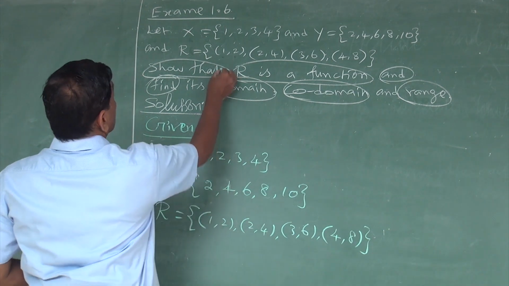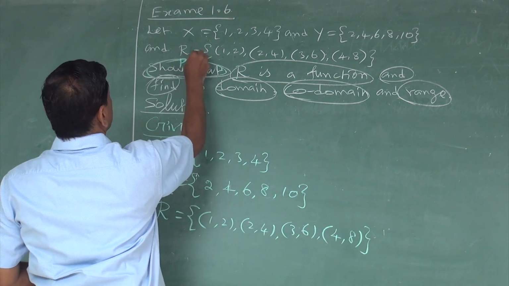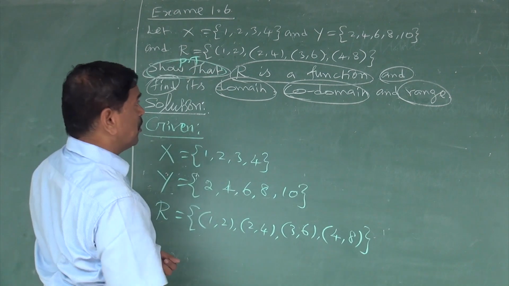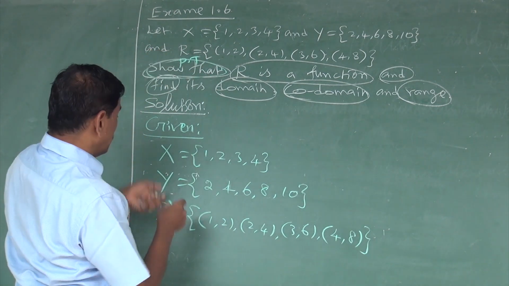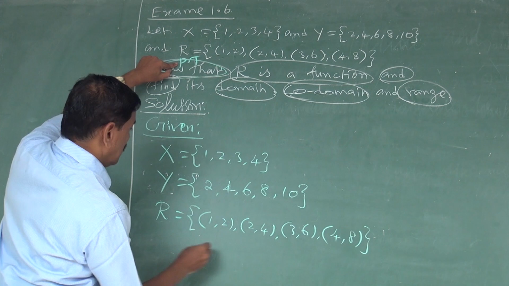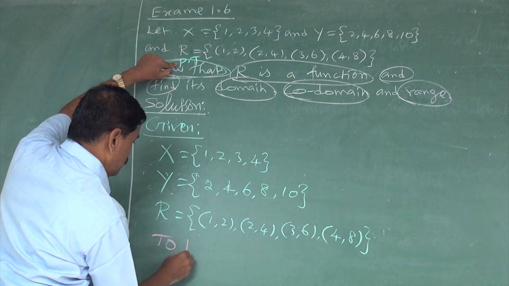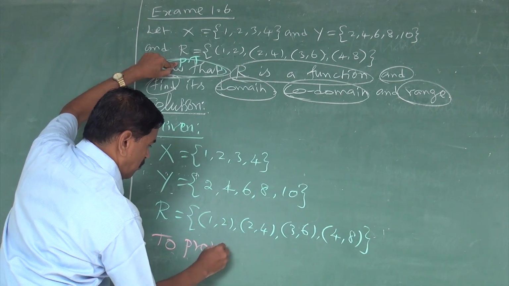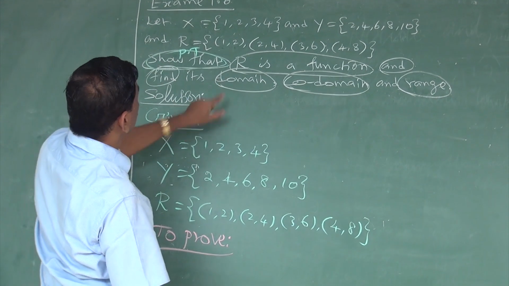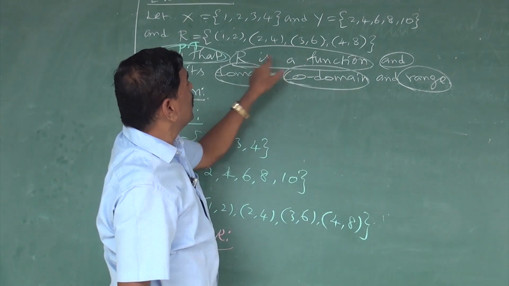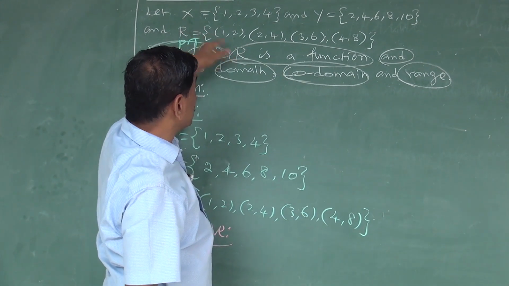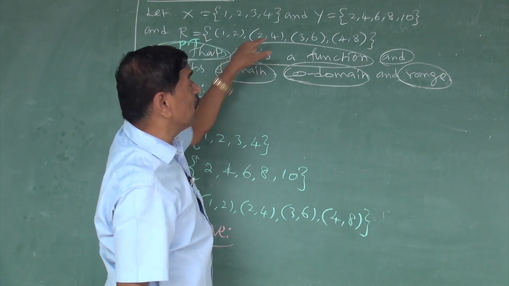Next, "so that" means "prove that"; they are the same. Now let us take the topic: to prove. R is a relation, but we want to prove R is a function.